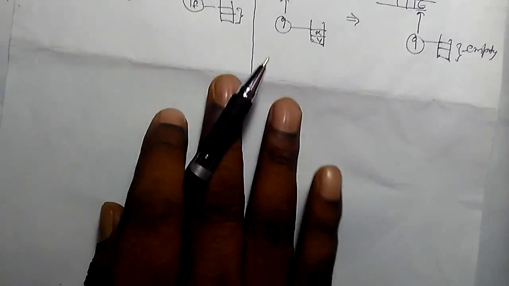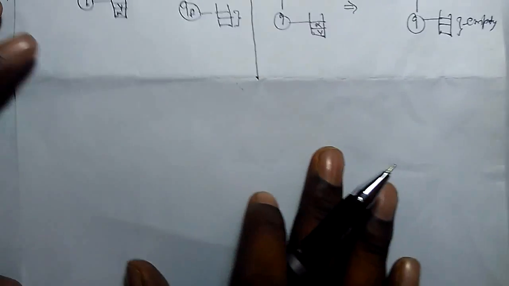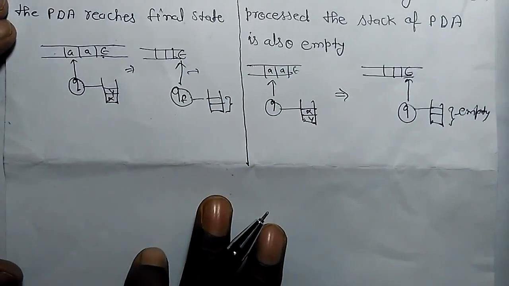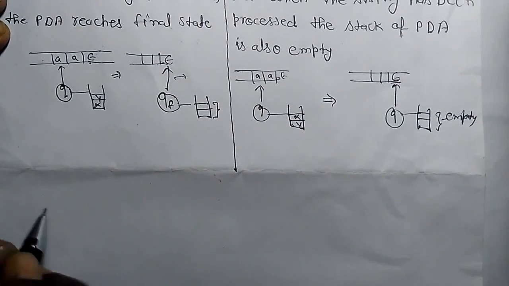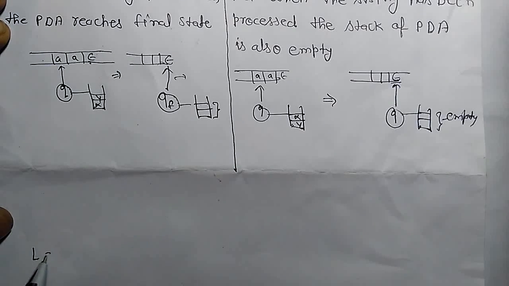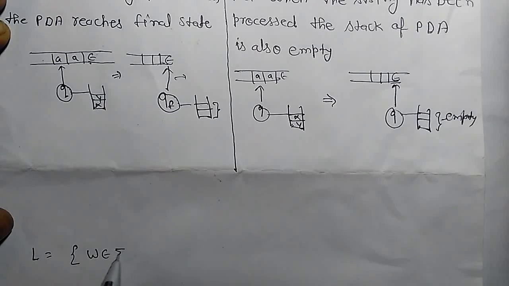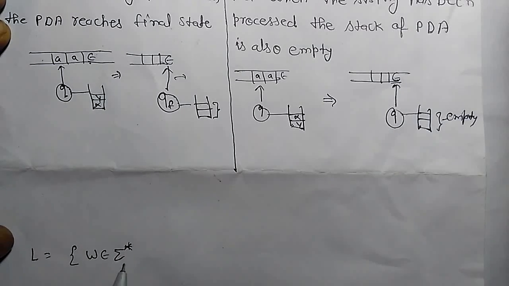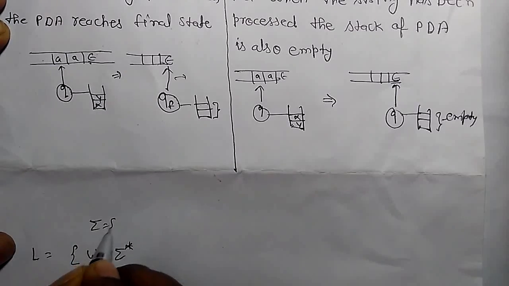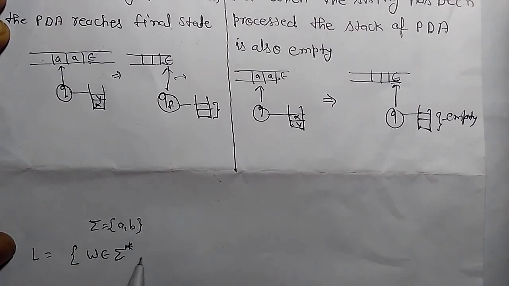Let's take one example. If there is a language L which consists of strings belonging to sigma closure, where sigma is {a, b}, such that the number of a's in a string is equal to the number of b's in the string, it should be accepted.